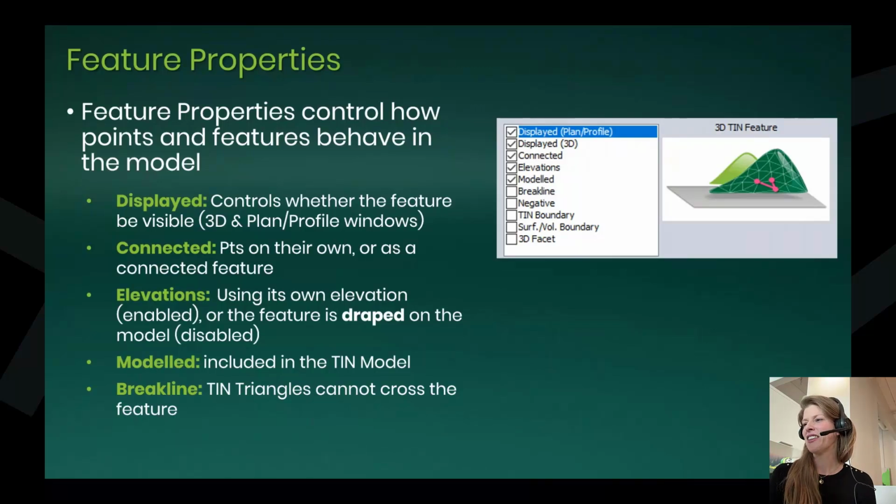Other examples: if you want it to be included in the TIN surface, or maybe it's just a point that exists and is not part of that, as well as breaklines. So all of these features can be controlled. We've got a couple great webinars that spend a lot of time talking about the different feature properties, and we can certainly link to one of those when we send out the follow-up note. Okay, Matt, I'm going to pass it back to you.